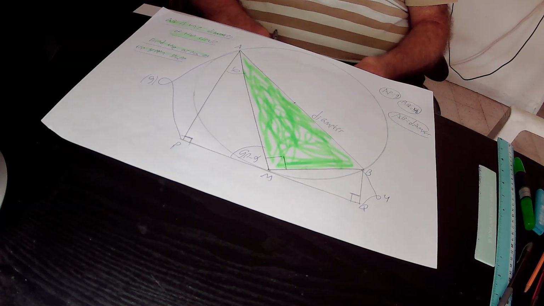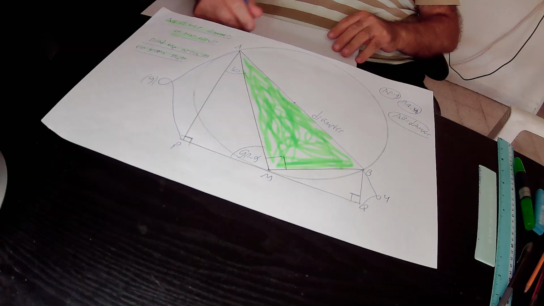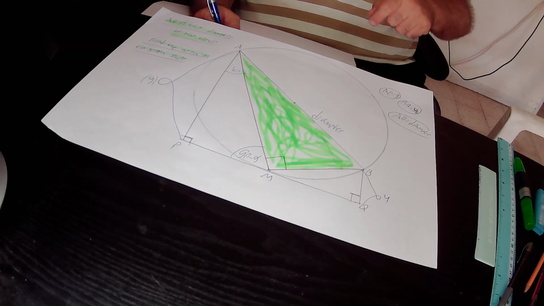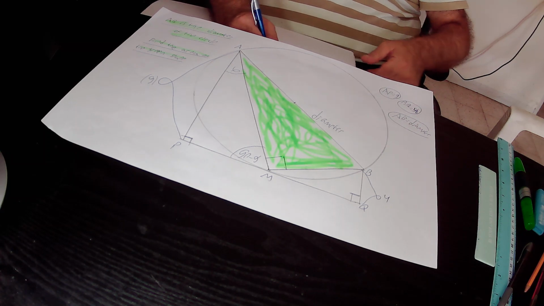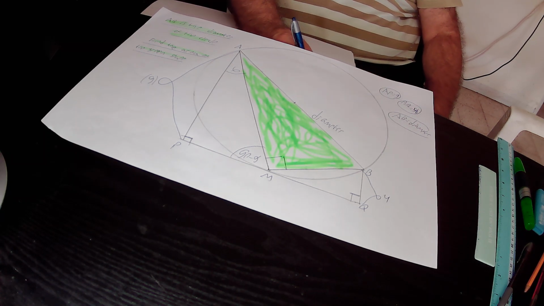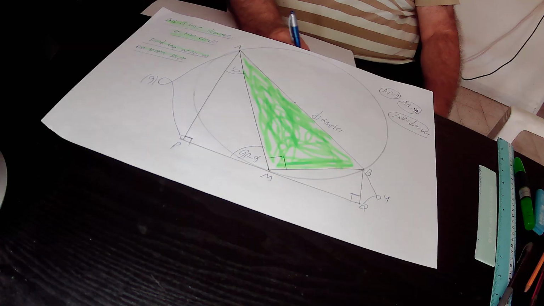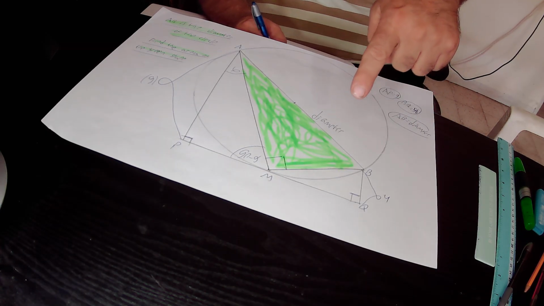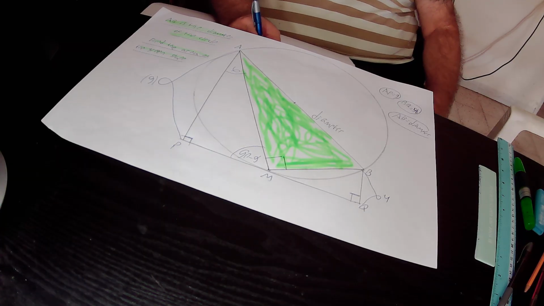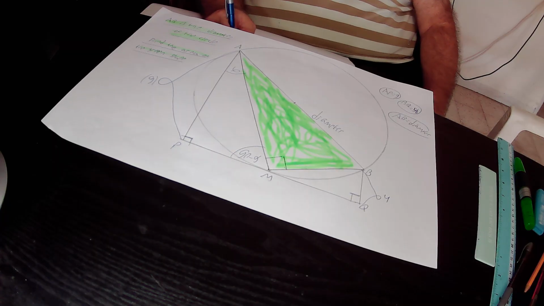So we found out that 90 degrees minus alpha plus 90 degrees plus this missing angle BMQ in total must be equal to 180 degrees according to rule 3.